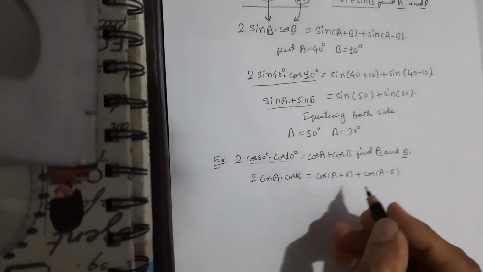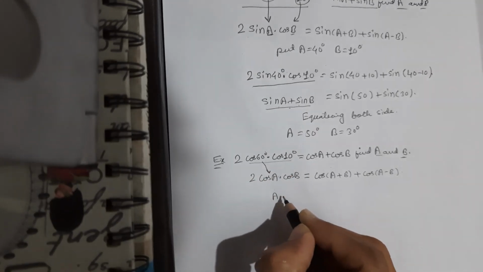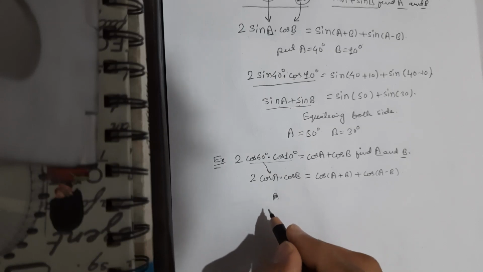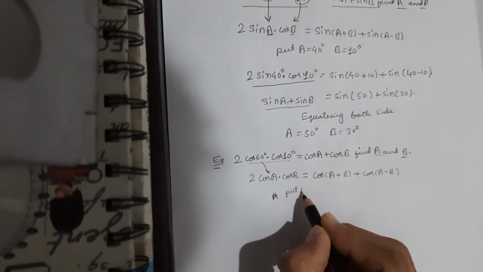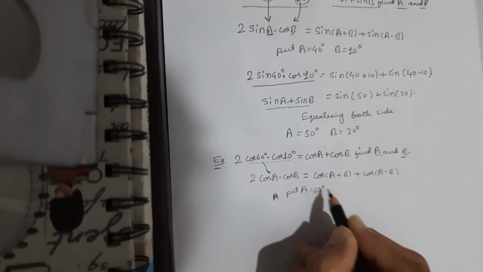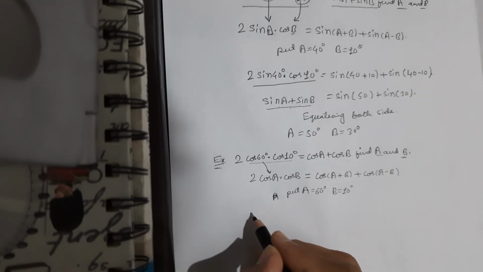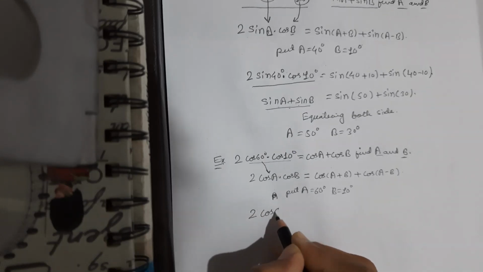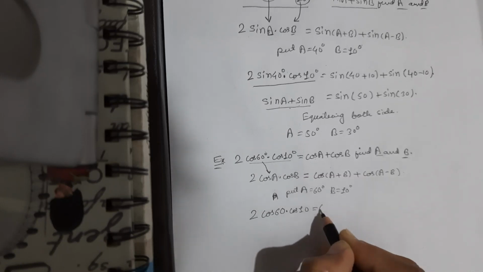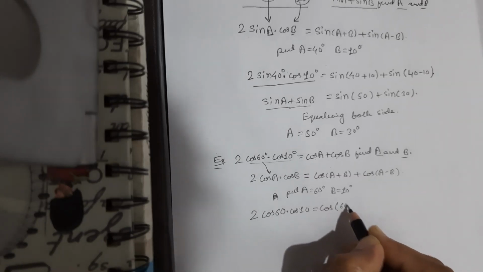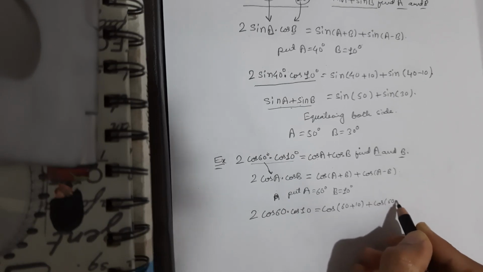Now I will expand it. I put A equal to 60 degree and B equal to 10 degree. What will we get? 2 cos 60 into cos 10 equal to cos 60 plus 10 plus cos 60 minus 10.